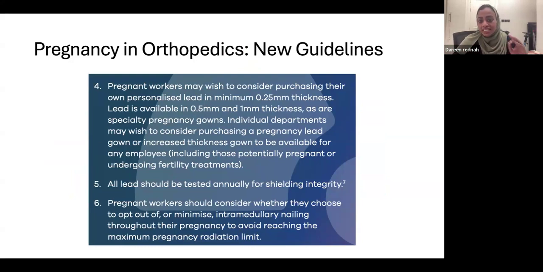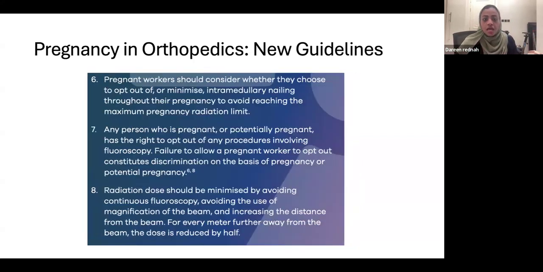All aprons should be tested annually, and pregnant workers should consider whether to opt out of, or minimize, intramedullary nailing through their pregnancy to avoid reaching the maximum pregnancy radiation limit. So the intramedullary nailing, if she can avoid it, it will be best. Otherwise, she can continue with the protection.